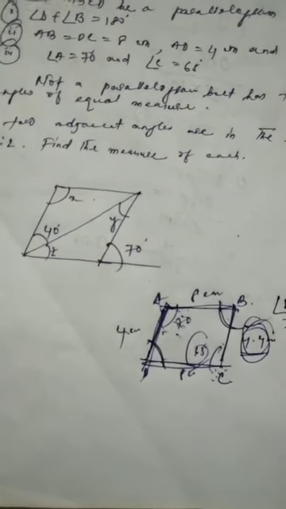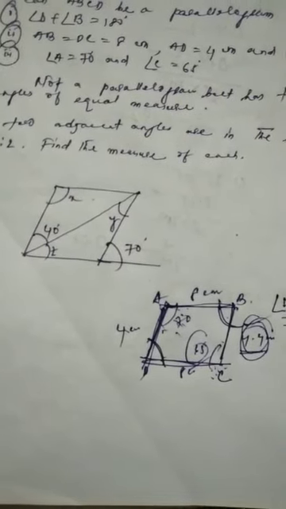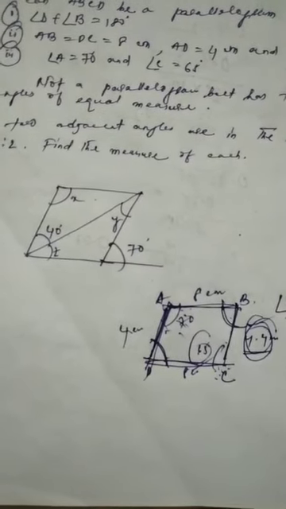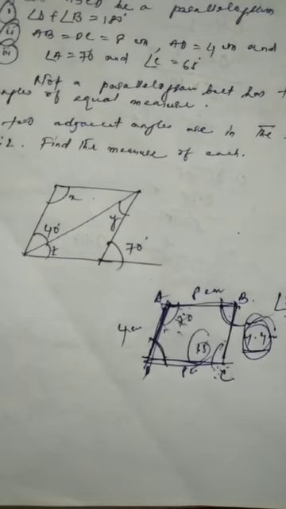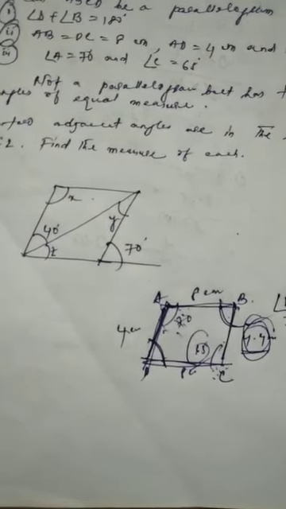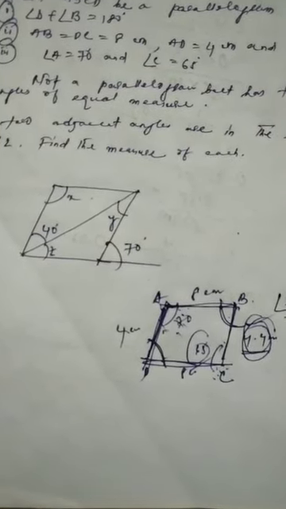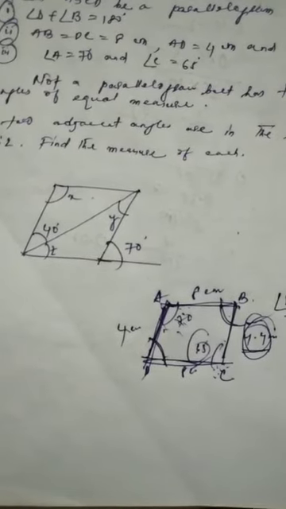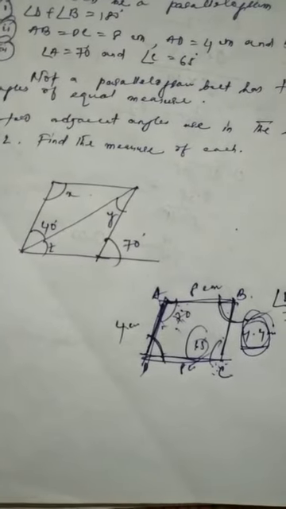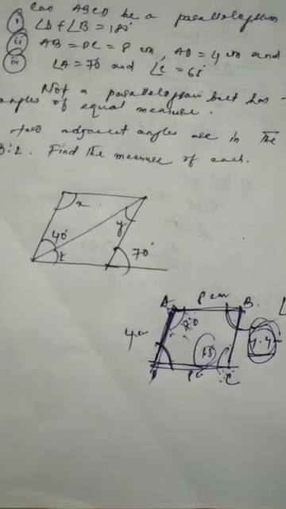In such cases, the sum of opposite angles can be 180 degrees, but it's not applicable for every parallelogram. So angle D and angle B can be possible in some cases, but the other two conditions given in question number 3 are not possible.